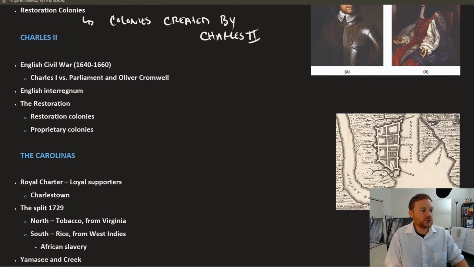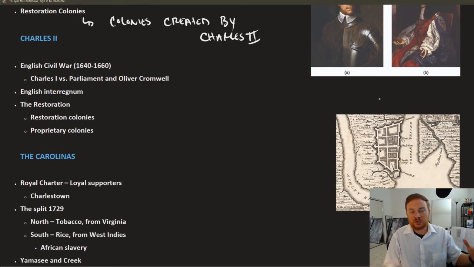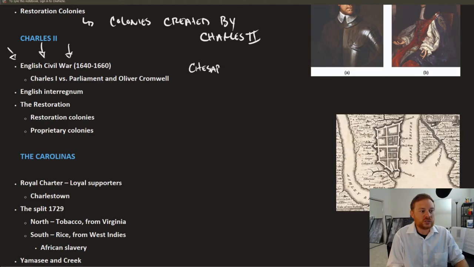So a little bit of backstory on Charles II. We have to go back and recall some of the information that we learned from previous chapters, and that was the English Civil War. Recall that when we think about English colonization of the New World, we had the establishment of the Chesapeake colonies, that is Virginia and Maryland. We had the establishment of the New England colonies.